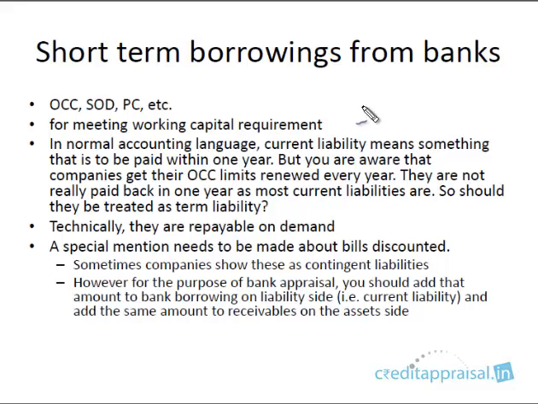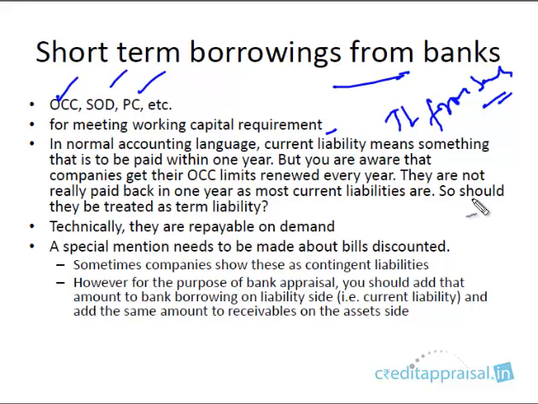The most important current liability from the perspective of bankers is short-term borrowings from banks. These are your working capital limits such as OCC, SOD, PC and other short-term funds. The purpose of these funds is meeting working capital requirement. Earlier, when we discussed term liabilities, we had a facility called term loan from banks. We are going to see in the chapter on term loan appraisal the features of term loans, and one of the features is that the repayment period is more than 1 year.